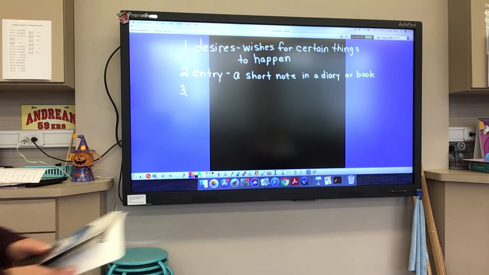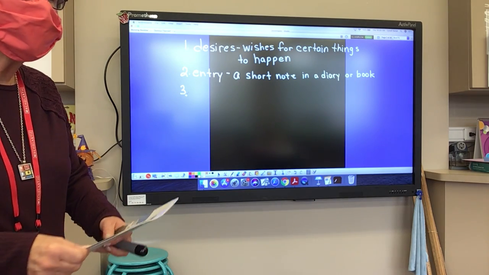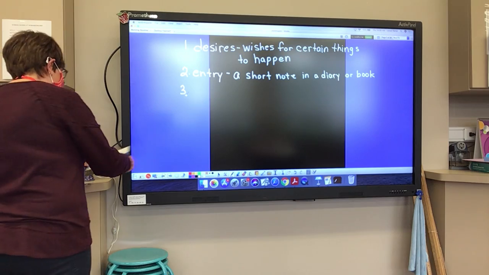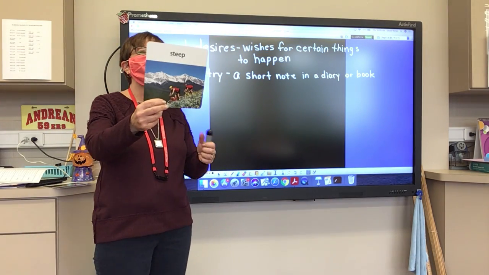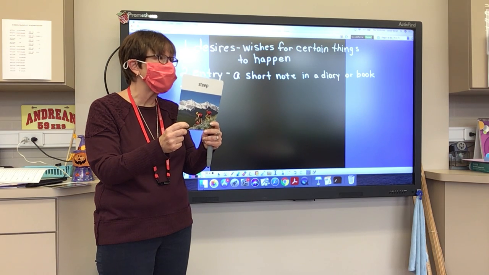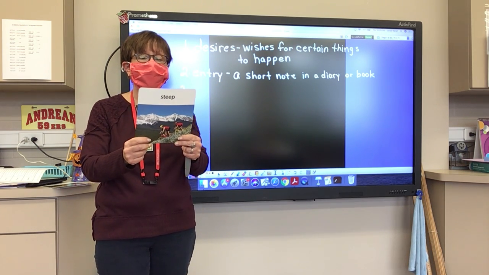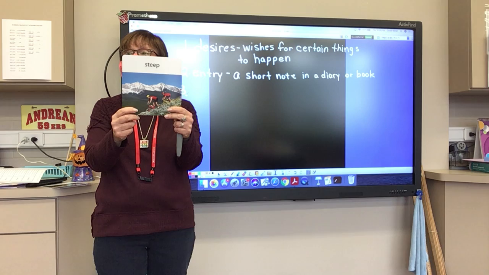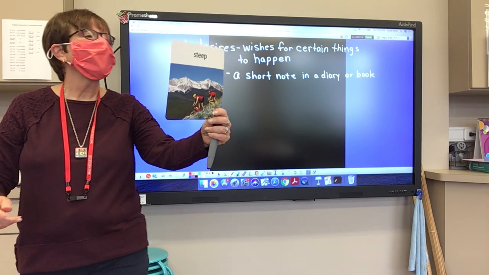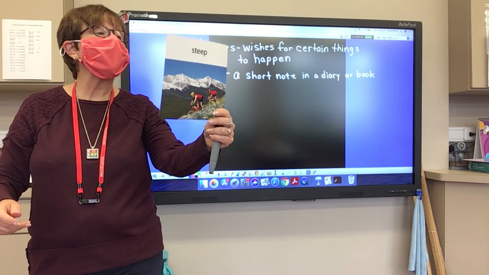Okay. Now your next word is the word steep, right? I want to make sure I have them in the right order. So here's a picture of steep. Now steep is an adjective. Remember, adjectives describe nouns. If a hill or mountain is steep, it is difficult to climb because it goes almost straight up.